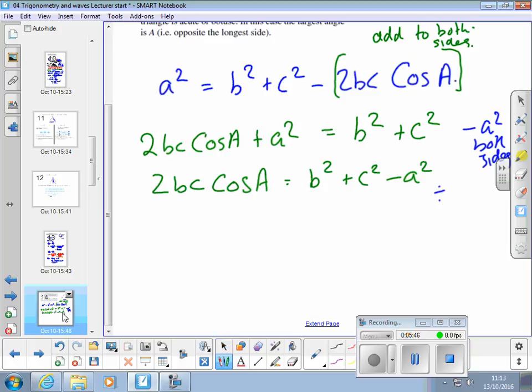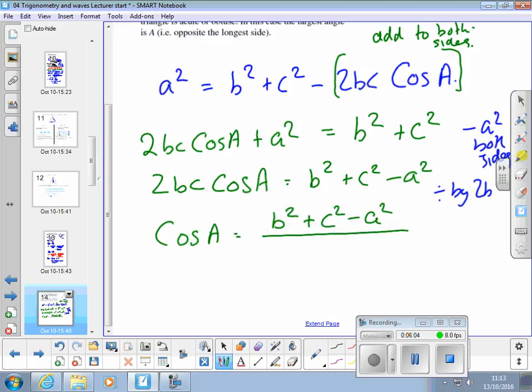Yeah, well done. We get cos of A is equal to b squared plus c squared minus a squared, all over, which implies brackets, 2bc.